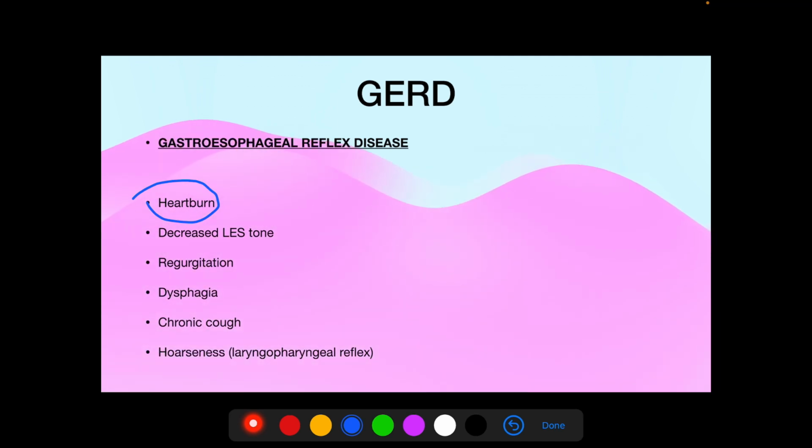There are probably two types of symptoms. First is non-esophageal symptoms and then esophageal. In non-esophageal, we have other subtypes, respiratory as well as non-respiratory. In respiratory symptoms, we have chronic cough, wheezing, and aspiration pneumonia.